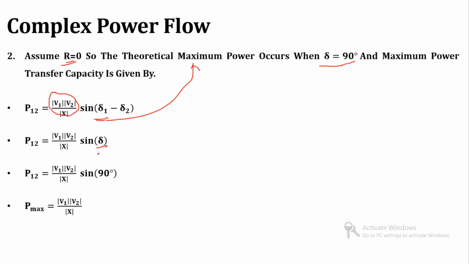So we can say that maximum power will flow when delta equals 90. So we put here delta equal to 90. So sine 90 equals 1. So P max is given by mod V1 mod V2 by X. That is the maximum value of power, which occurs at an angle of 90 degrees only.